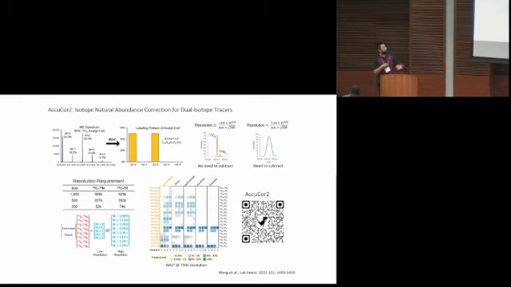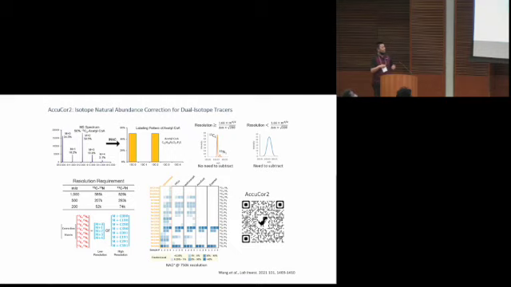Because you have such a large number of carbon and oxygen atoms, the chance of getting a carbon-13 due to natural abundance is extremely high. Therefore, you cannot simply use this raw data for downstream analysis, and you need some way to correct this data first. That's what we call isotope natural abundance correction.